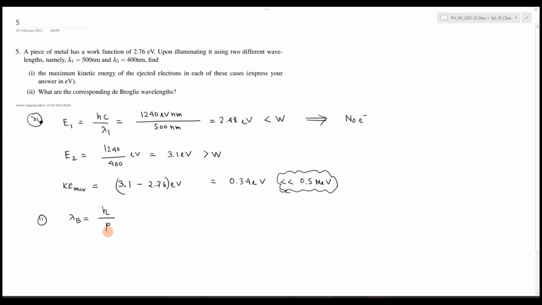Because to write this p, you have to be very careful: either it is relativistic or non-relativistic. If it is non-relativistic, then only you can write kinetic energy equal to p squared by 2m. So because we know it's non-relativistic, I can simply write p to be equal to root of 2mK. Now you substitute the kinetic energy directly here. You will get the de Broglie wavelength to be equal to 2.1 nanometer.